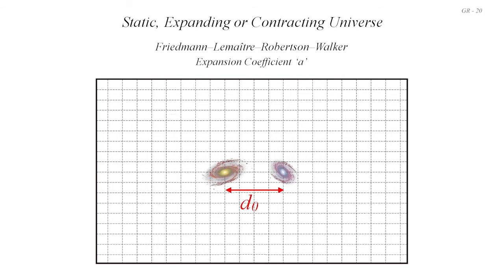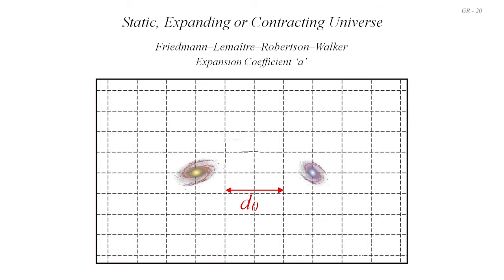Now let's suppose that the space itself expands and doubles in size, and suppose that it takes the galaxies with it, so that at some time t greater than t0, the situation looks like this. You should notice now that the galaxies are still separated by about 4 of what I've called grid lines, but those grid lines are somehow twice as far apart as before, which means that the actual separation of the galaxies has increased by a factor of 2 from what it was before.